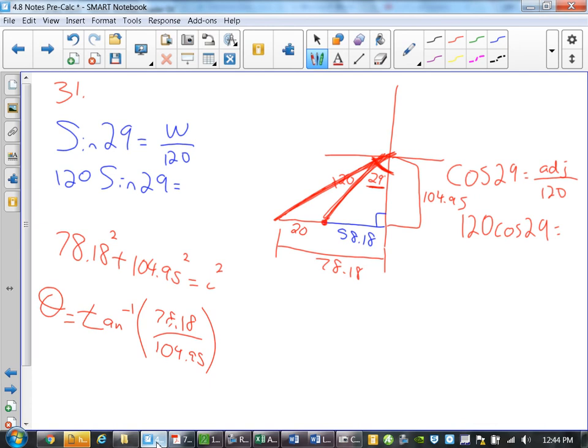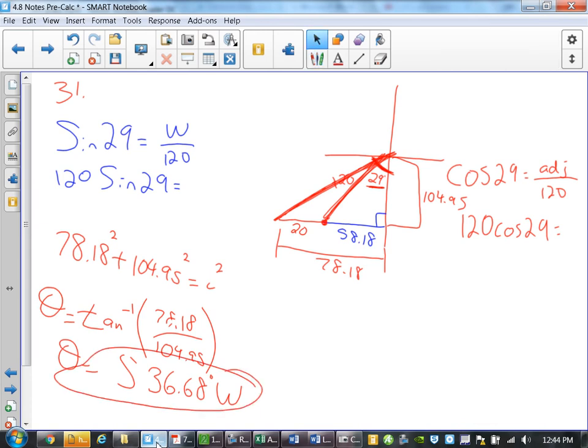So inverse tangent, 78 over 104.95, is 36.68 degrees. So you are south 36.68 west. If you want to be fancy about it, because you're still in that quadrant space over there.